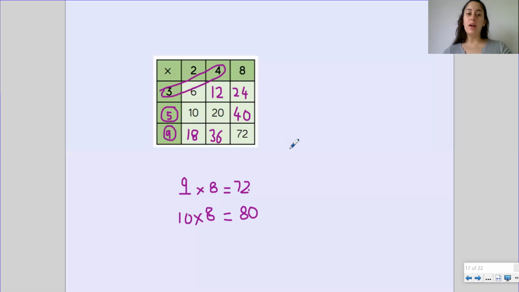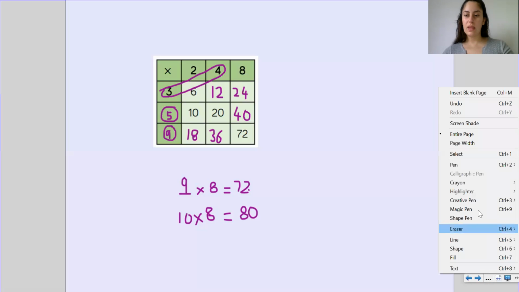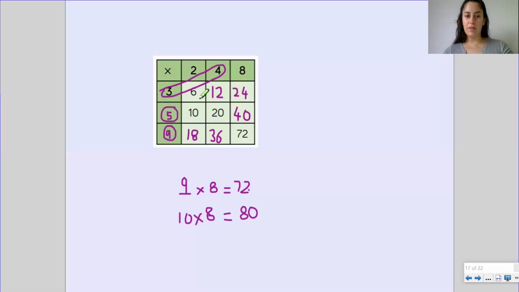Okay, then the final part of this question was, do you notice anything about the numbers? So I'm going to highlight a row of numbers. We've got 10, 20, 40. In this row of numbers, we have got 6, 12, 24. And in the last row of numbers, we have got 18, 36, 72.